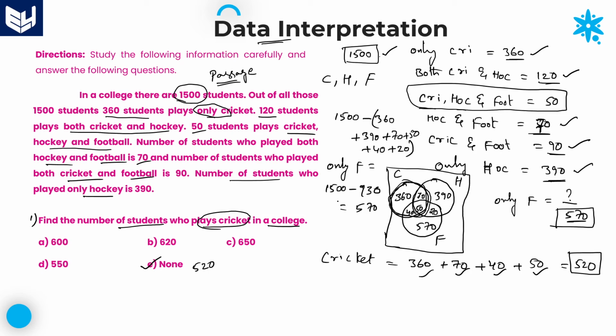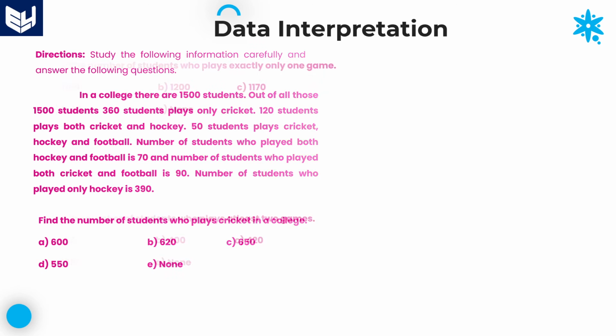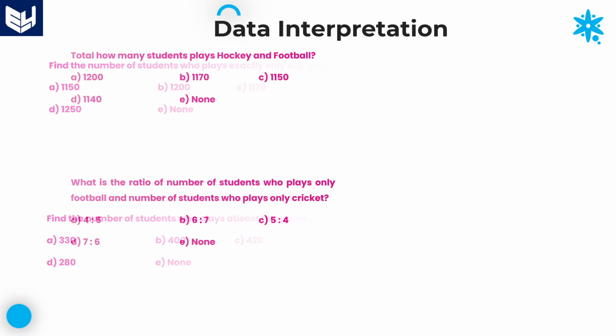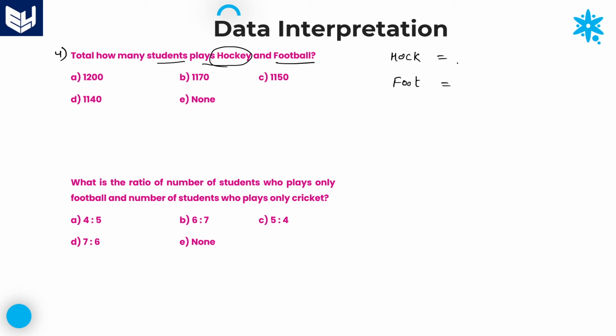Because in these three circles 70, 50, 40 are also part of hockey and football, right? Therefore you need to take these two circles except only cricket. That means except 360, all remaining values you need to take.